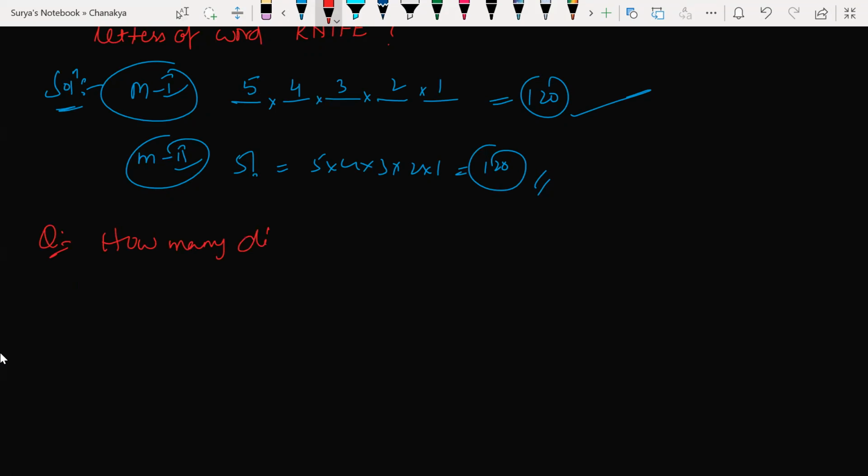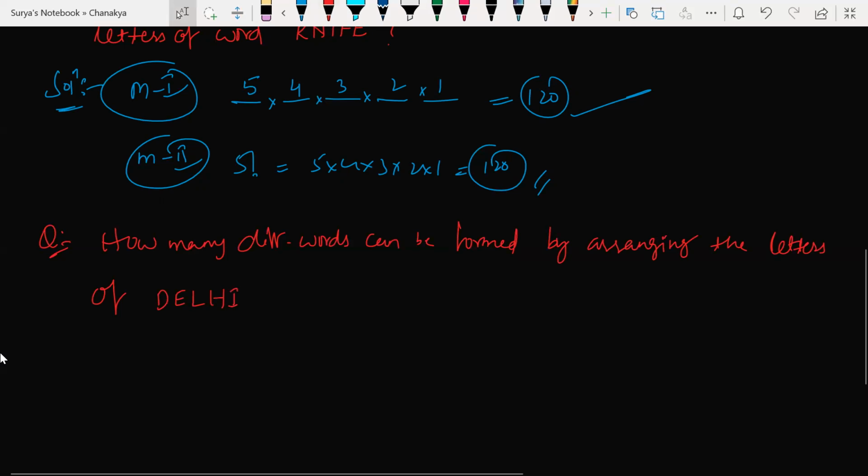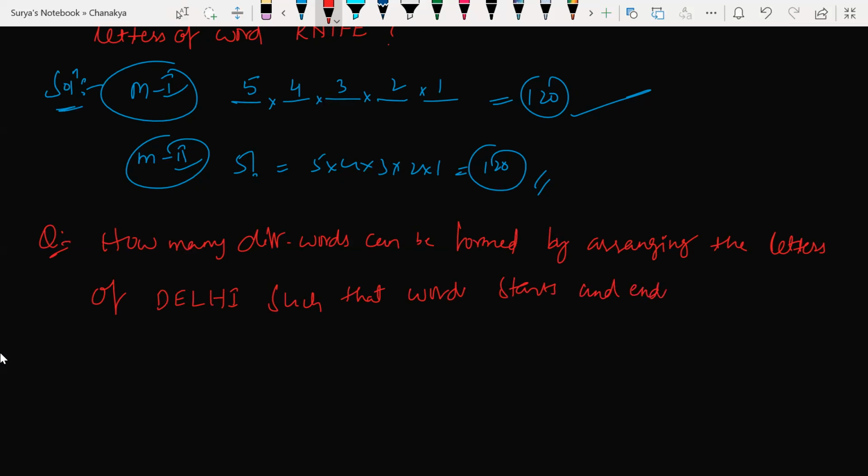How many different words can be formed by arranging the letters of Delhi such that the word starts and ends with a vowel?